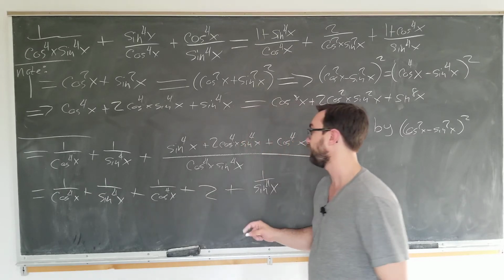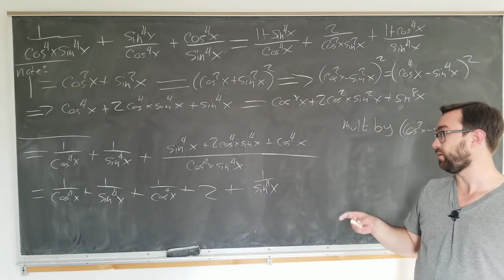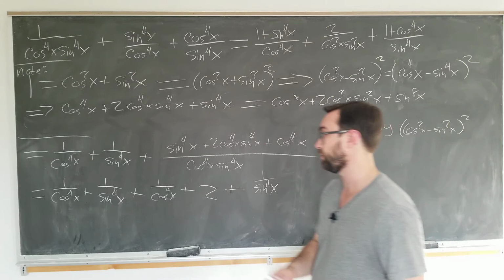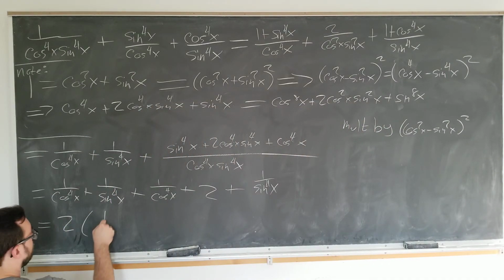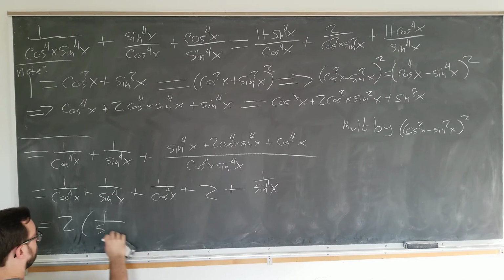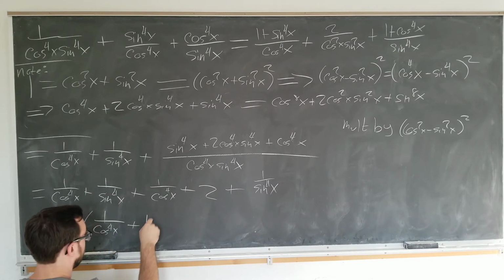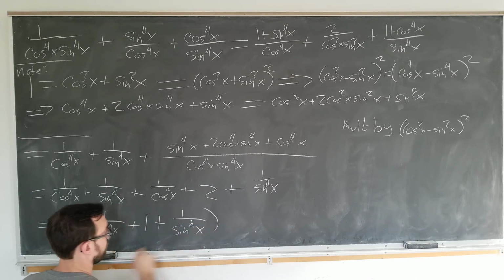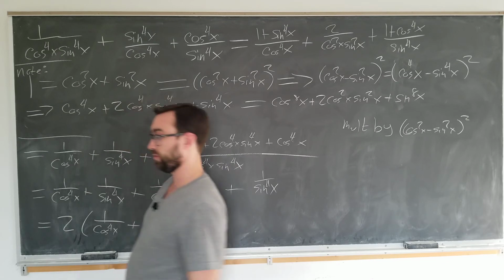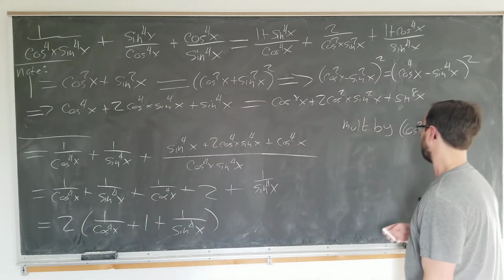And notice that everything is something that we already have. So there's a common factor of 2. And this is the result. 1 over sine cosine plus 1 over sine to the fourth x. This is the result as it was simplified in the textbook that I got it from.